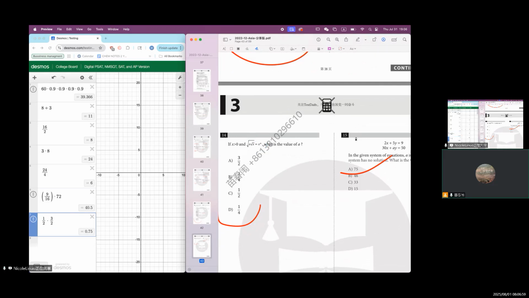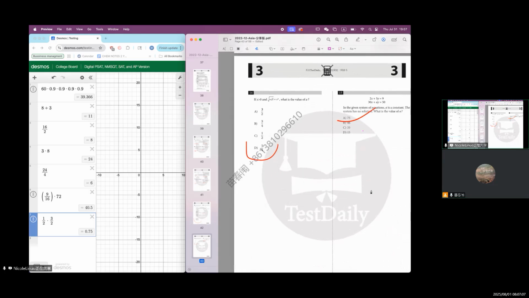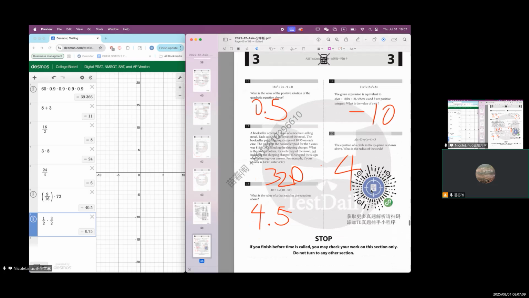Okay, and let's say this is 14. 15 I put A. 16 I put 0.5. 17 I think it's 320.